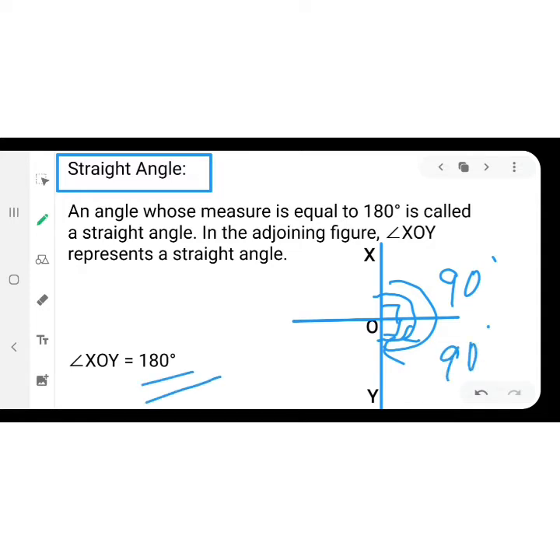So a straight angle is 180 degrees. One more thing you can notice is that it forms a straight line, which is why it is known as a straight angle. It can be vertical or horizontal as well. I hope this picture is clear to you all.